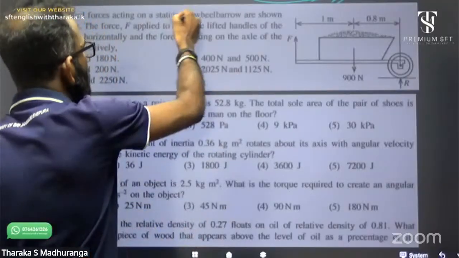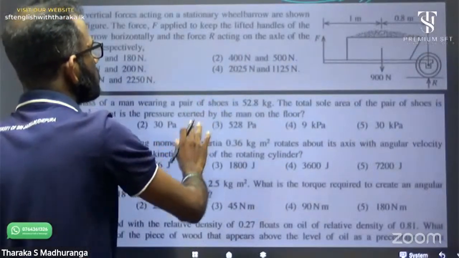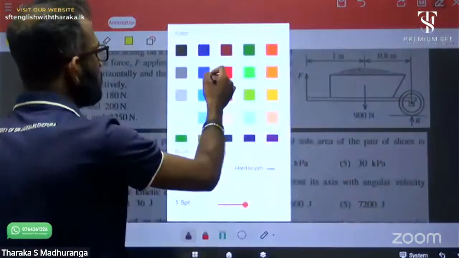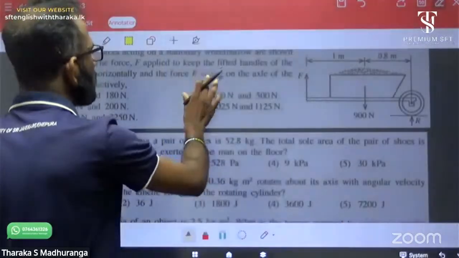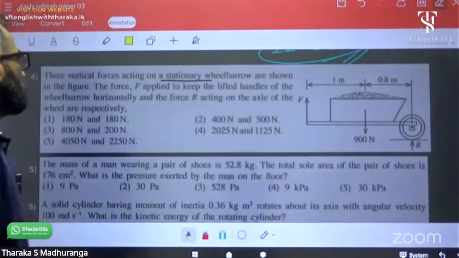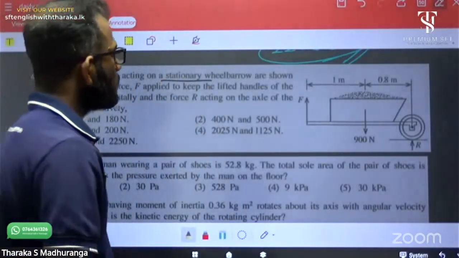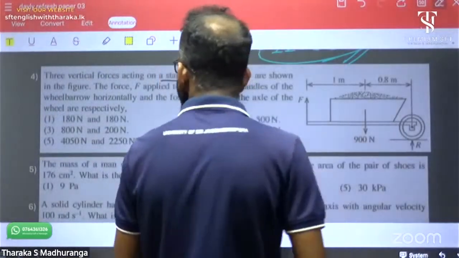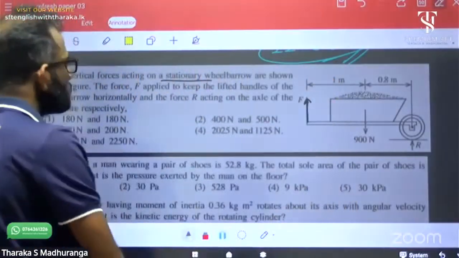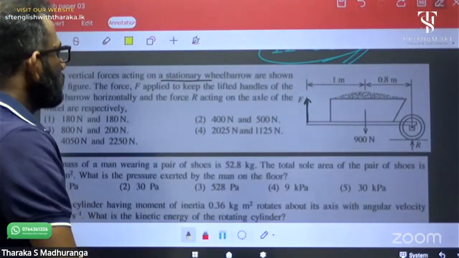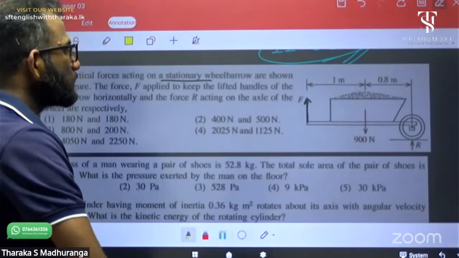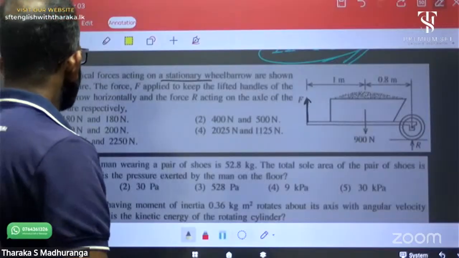Stationary means static, at rest, in other words balanced. The force F is applied on the handle in an upward direction to keep the handle horizontal, and R acts on the axle of the wheel.